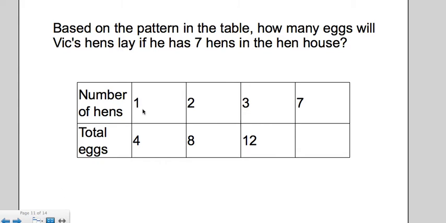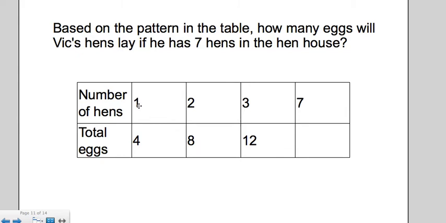Well, we can see that when he has 1 hen, he has a total of 4 eggs. When there are 2 hens, there are a total of 8 eggs. 3 hens will equal 12 eggs. So if he has 7 hens, what rule can we apply to find out the total number of eggs he will have?